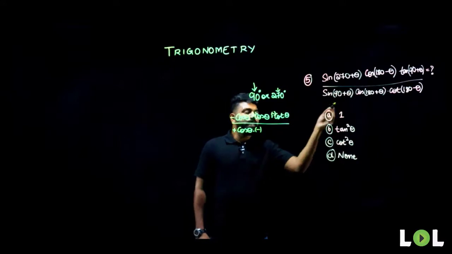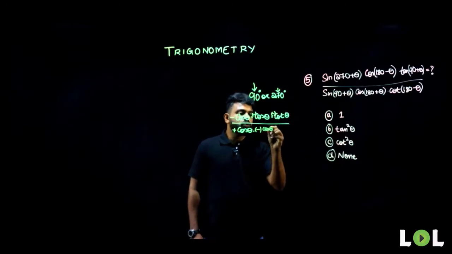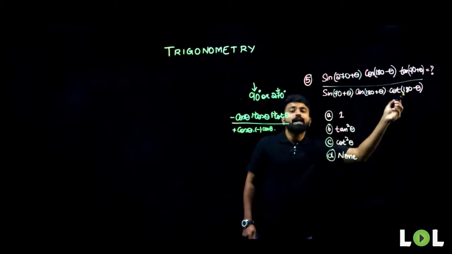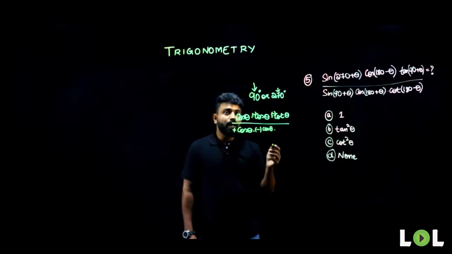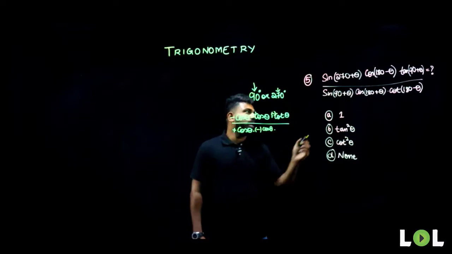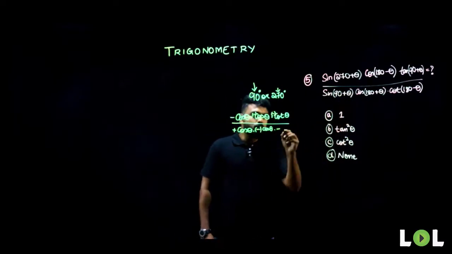The value does not change because it is revolving around 180, so it will be cos theta only, into cot of 180 minus theta. 180 minus theta comes in which quadrant? It will be in the second quadrant. In the second quadrant, the value of cot is negative. It is revolving around 180 degrees, so the value does not change. So it will be cot theta itself.